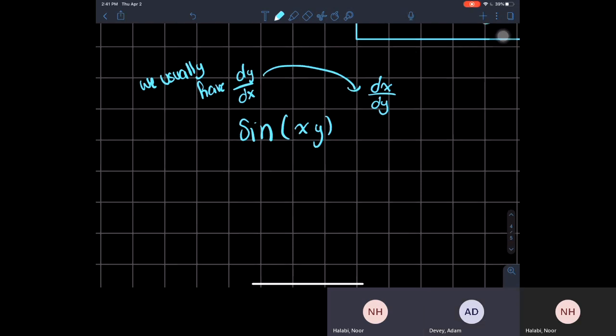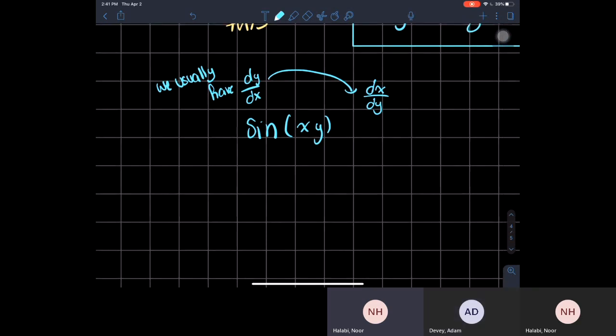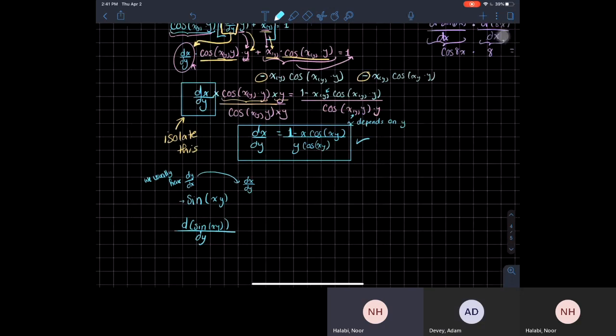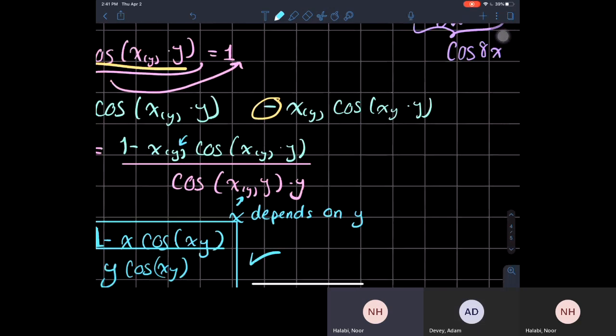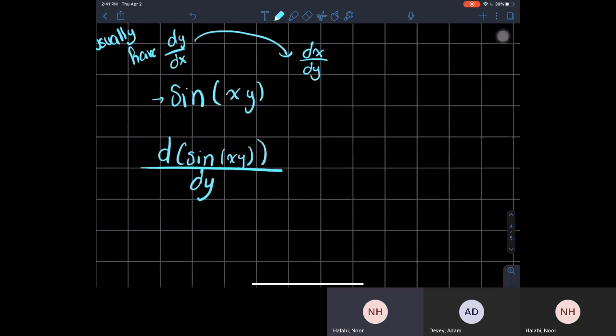So now basically what this is saying is I have d sine xy over dy. Remember how we had here d sine 8x over dx? Here it's the same thing except now it's dy. Do you see the difference?